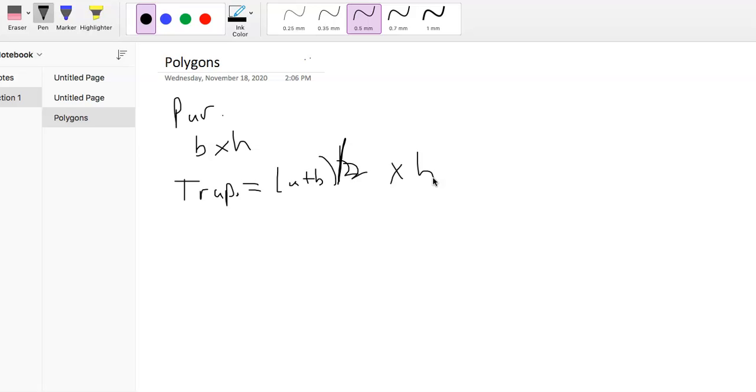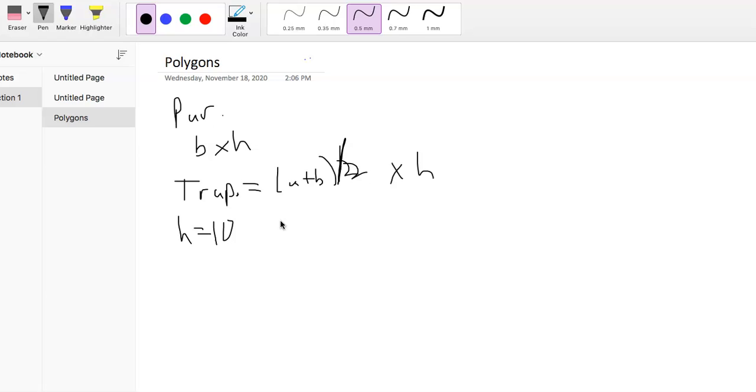Okay, so let's do a practice one there. That's horribly written. Sorry about that. Area of a trapezoid. So what if they said height is 10 and the bases are 5 and 7 respectively?